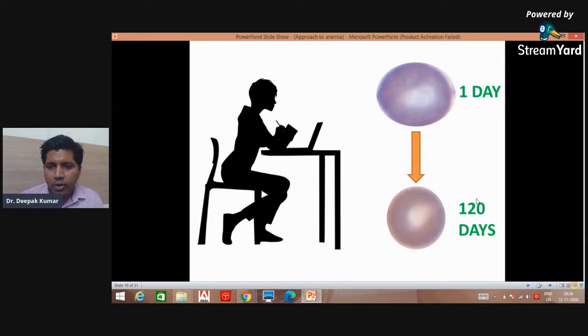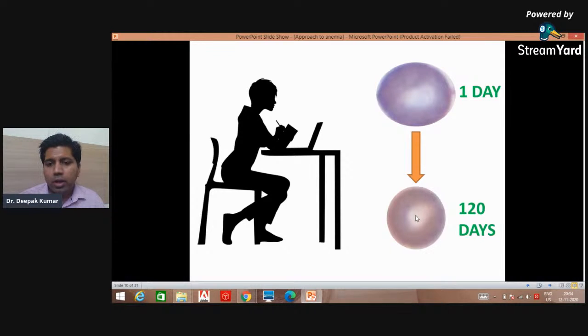If you look here, after 120 days it is going to get destroyed. Though the body doesn't function in this exact way, let's assume for the sake of discussion that on day 121 this RBC is not going to be there. It is going to be destroyed. So for your body to maintain homeostasis, the yin and the yang, the same amount of cells has to be available.